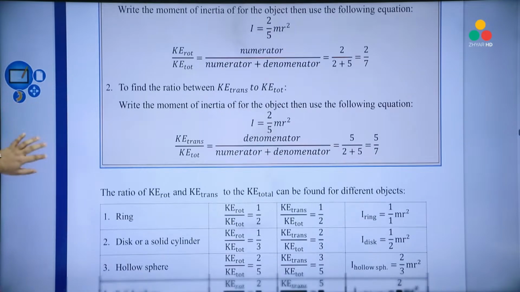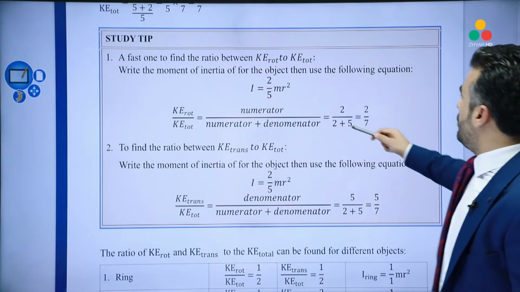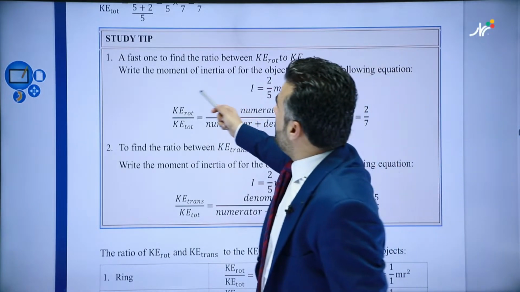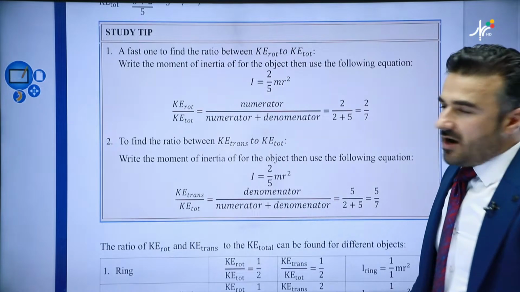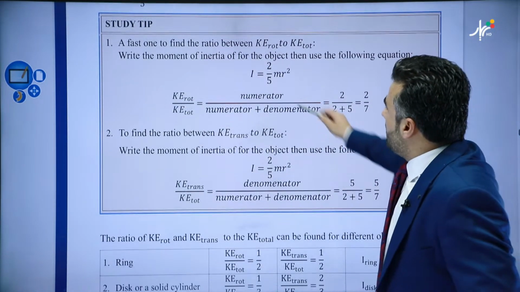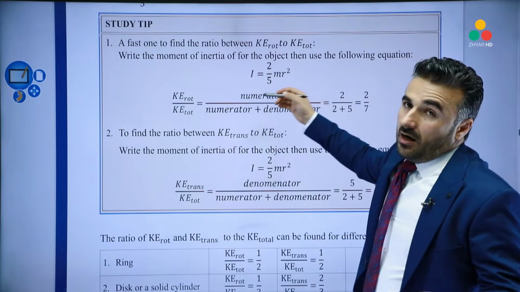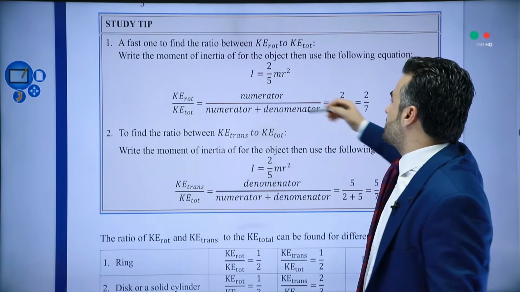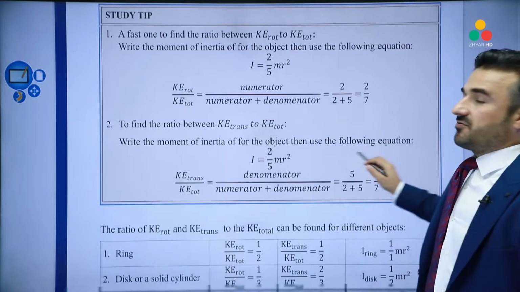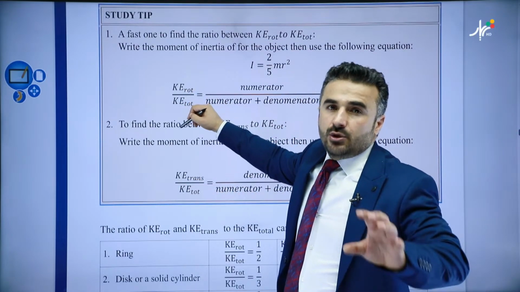For example, let's say we want to find the ratio for an object that is 2 over 5, that is for a solid sphere, yeah? The numerator is going to be 2, using this equation. And then the bottom is going to be numerator plus denominator. So 2 plus 5 is going to be 7. That is for the ratio of rotational to total kinetic energy.